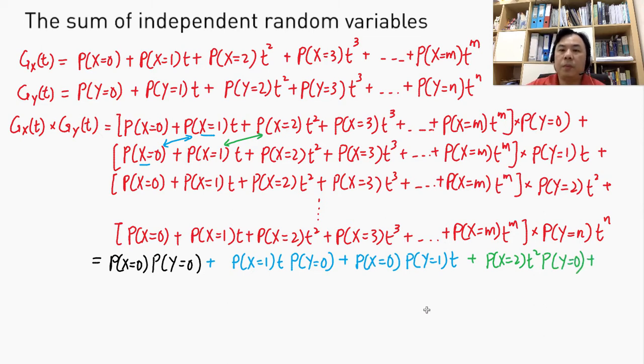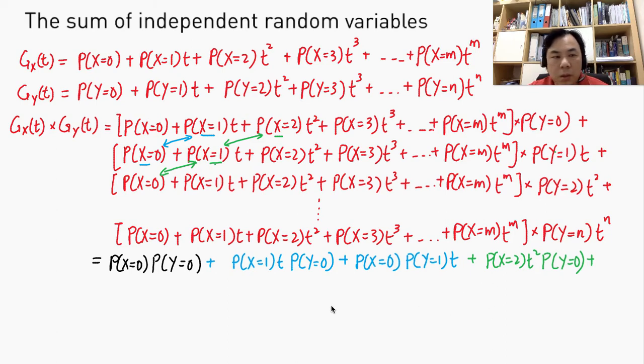Or I'm going to join it together with the second one, which will be this one multiplied with this, and don't forget this pair also joins with this one here. So there are three pairs this time that produce t squared, right?